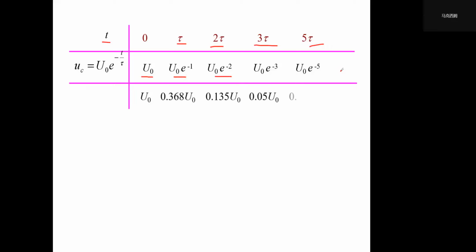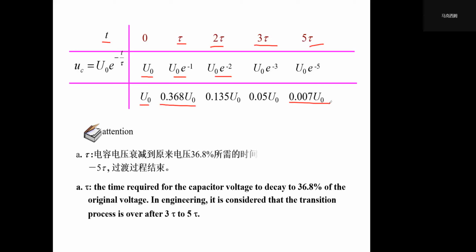The number will drop from U0 to almost a third of U0 and to almost nothing. So we can calculate that, and we can also measure it.